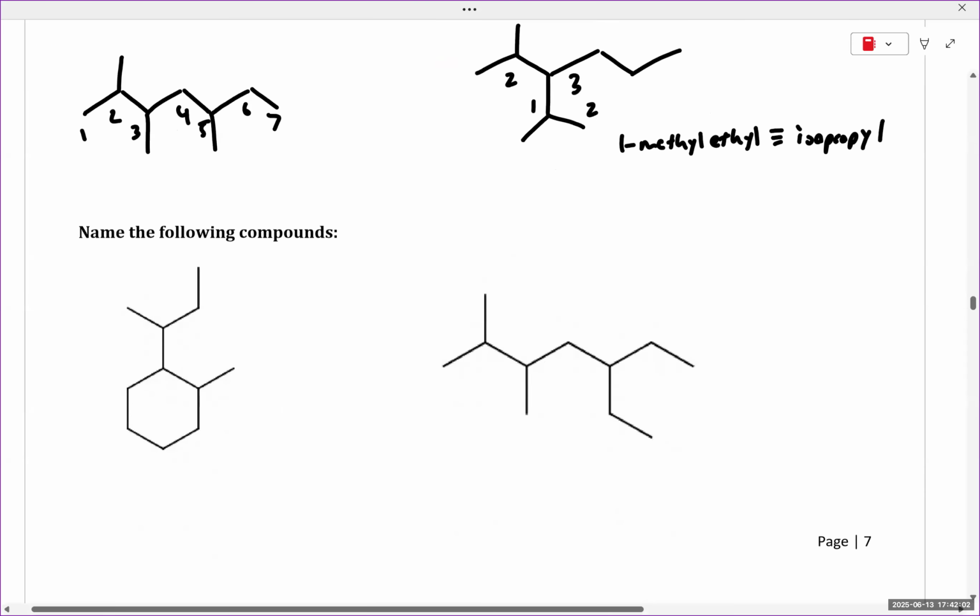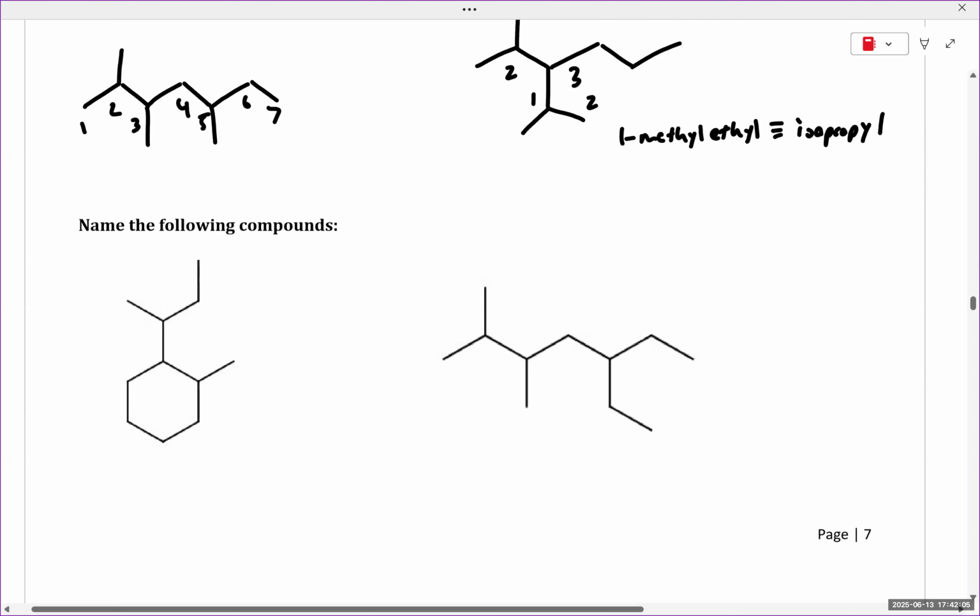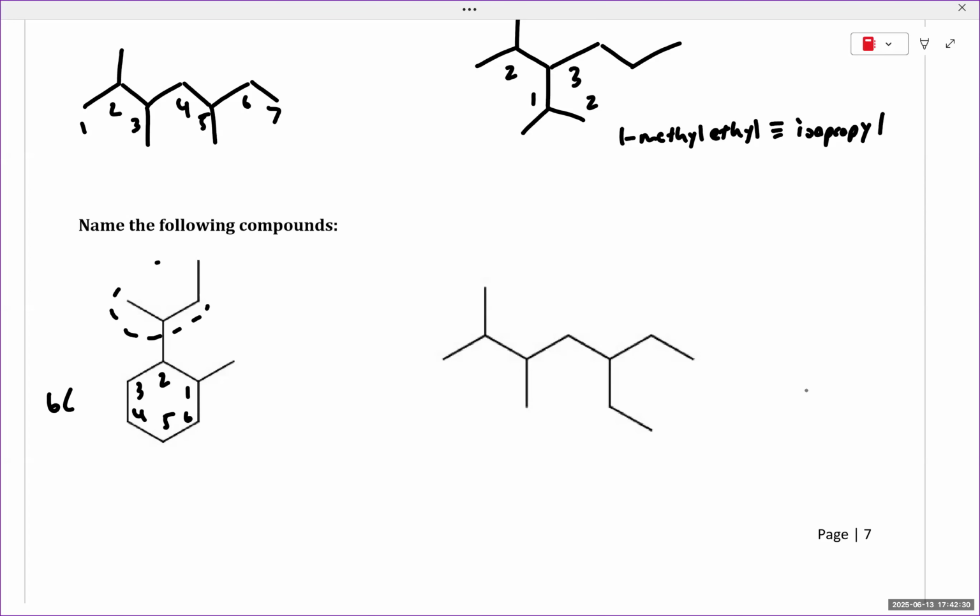Let's take a look at the following next examples where we're asked to name the following compounds. So I'd like you to pause the video, take a few moments, and then we'll talk about these examples momentarily. Okay, so in this case, we have a cyclohexane, 1, 2, 3, 4, 5, 6, 6 carbons. So this is cyclohexane. This group here has a special name.